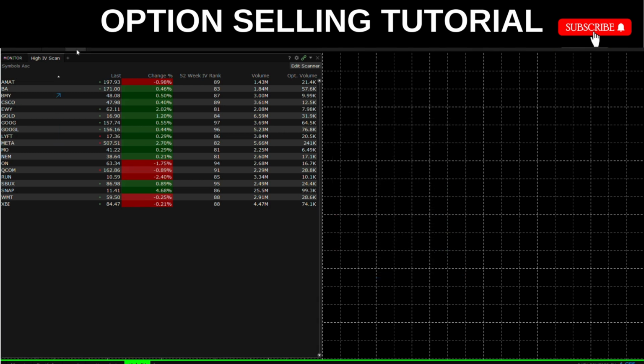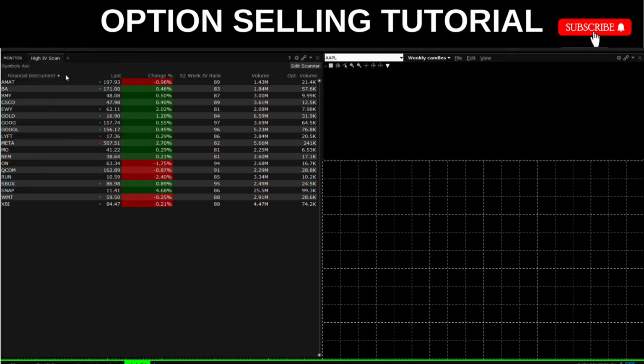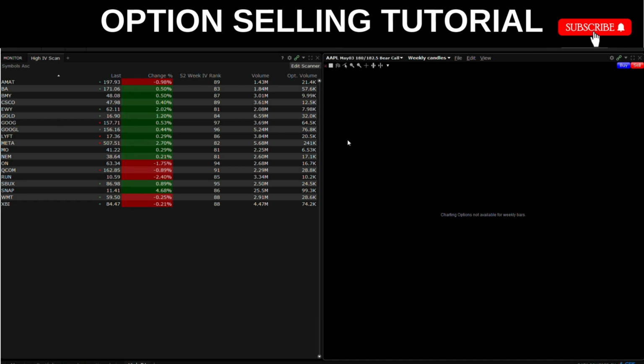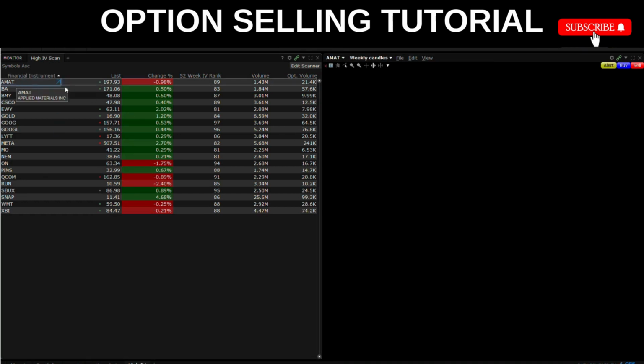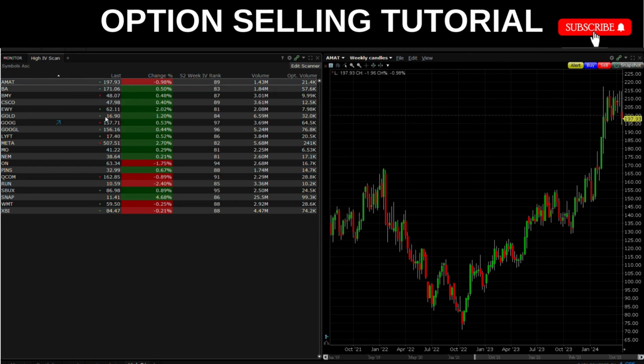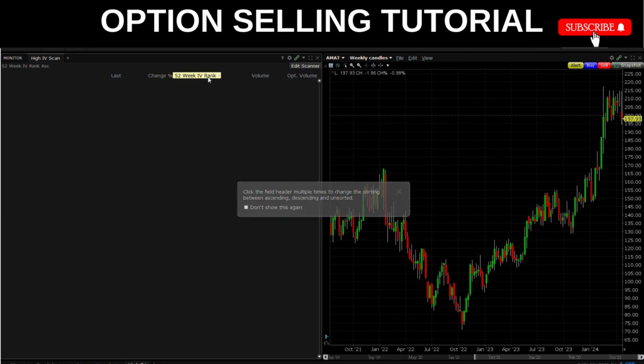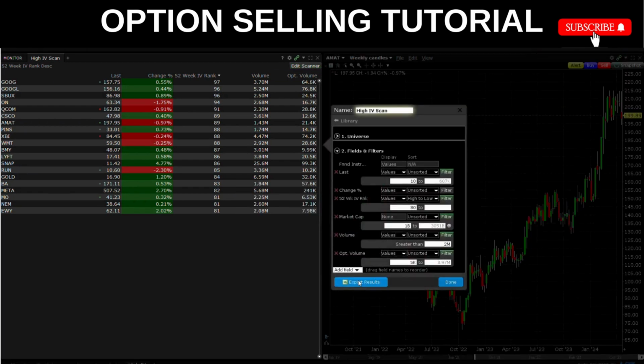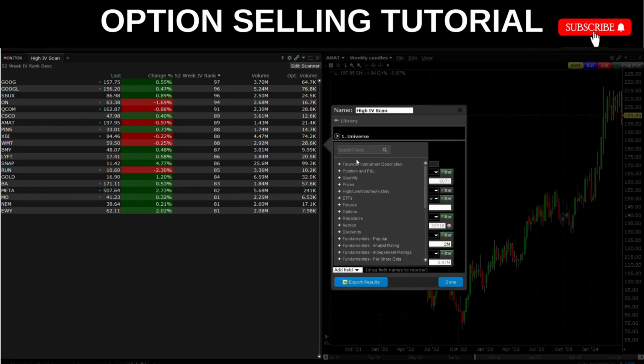Another thing we can do here is to add a chart, and then close it here. Now, let's take one of the high implied volatility stocks. One more thing I also add is the earnings.